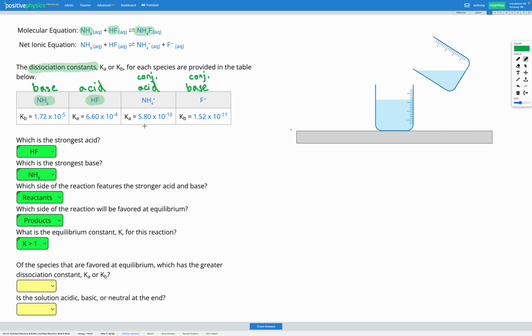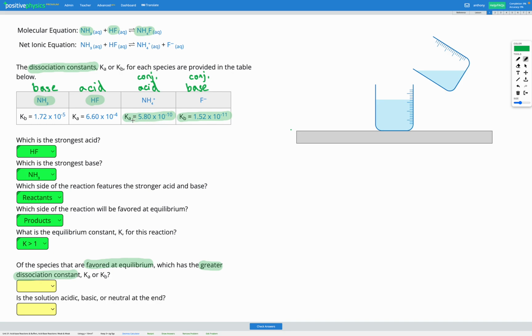So far we've figured out that at equilibrium we will have more of our products than we will of our reactants. So our last step is figuring out, of the species that are favored at equilibrium, which has the greater dissociation constant, Ka or Kb. So I'm now comparing my conjugate acid and conjugate base dissociation constants.